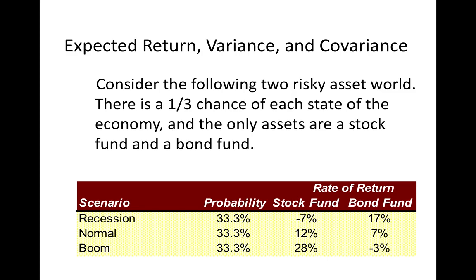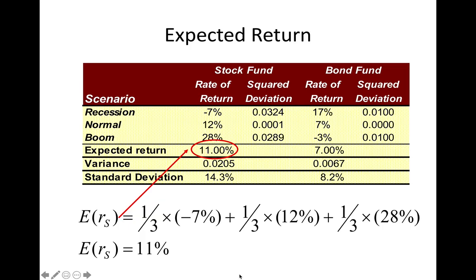To look at the average return for each of these, take the case of the stock: the 1/3 multiplying the recession return, plus the same 1/3 multiplying the normal return, and then the 1/3 multiplying the 28% should the economy boom.